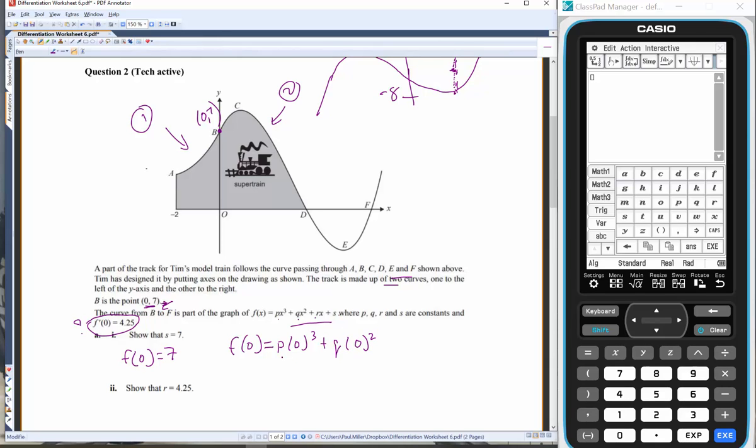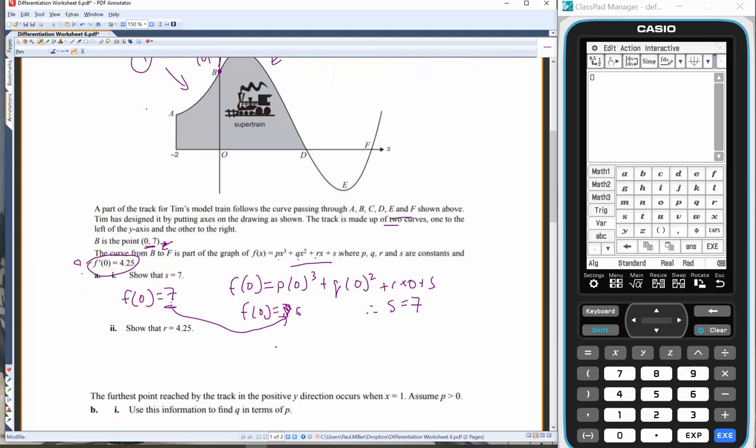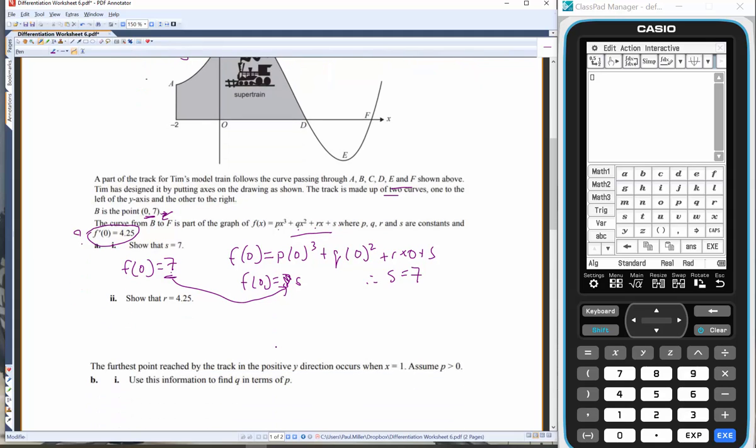Now I know that that's 0 and that's 0, but this is show that, so I'm doing the substitution, plus r times 0, we know that that's 0, but to show that, plus s. So f of 0 equals s. Now what does that tell us? f of 0 is 7, f of 0 is s, therefore s must equal 7. Okay, show that r is equal to 4.25.